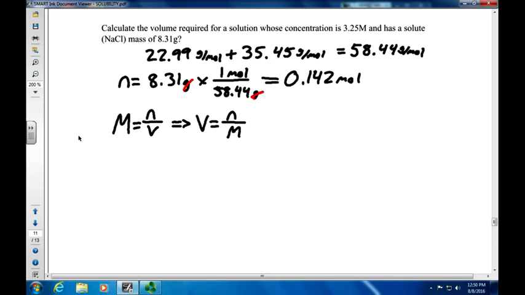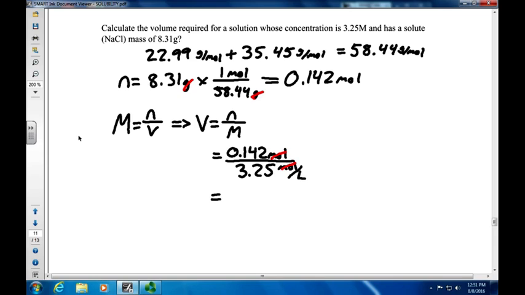So therefore, we find that the volume is equal to 0.142 moles over the molarity that's given, 3.25. And in this case, we're going to write out the units, moles per liter. Moles and moles cancel each other out. Liters jump to the top.